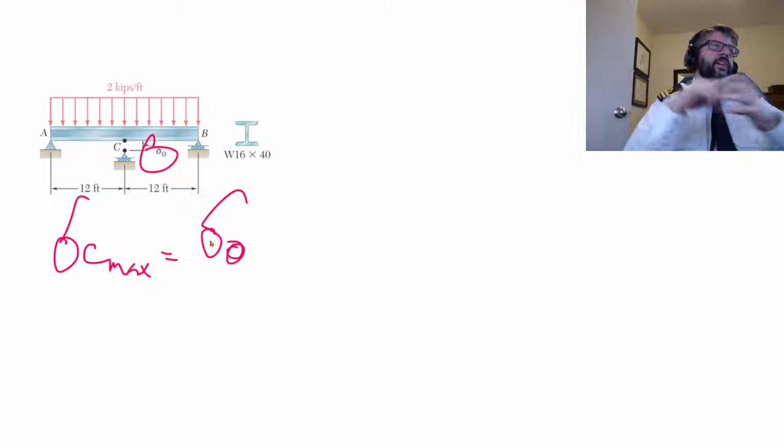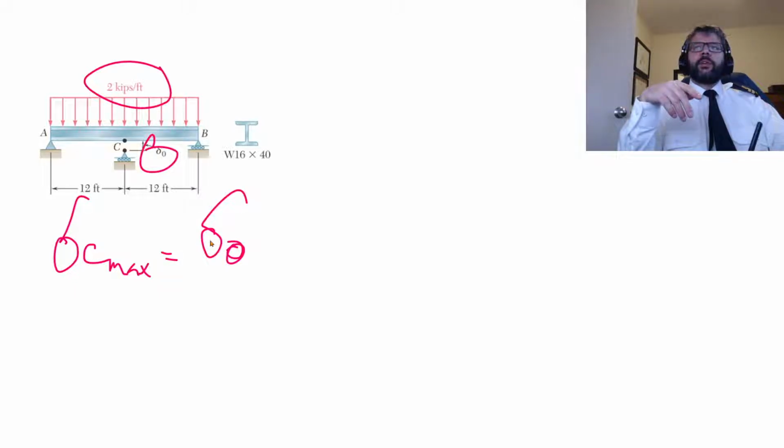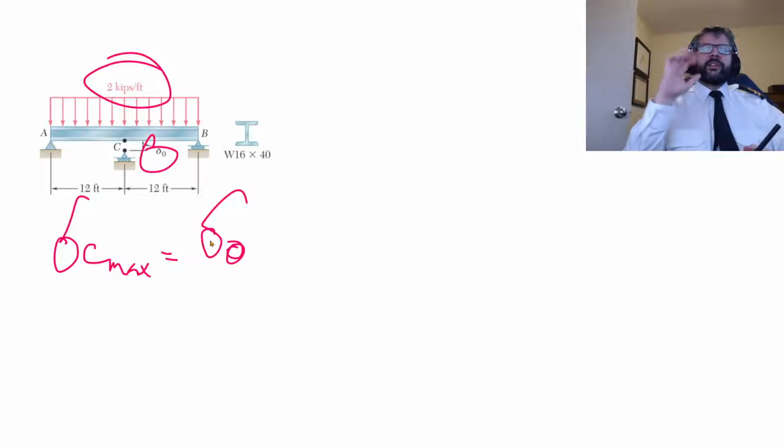It could be less than that amount, but if this load applied to that beam would cause that thing to drop down more than that amount, then it's going to hit resistance, and it's going to hit enough resistance to limit the displacement to that amount.